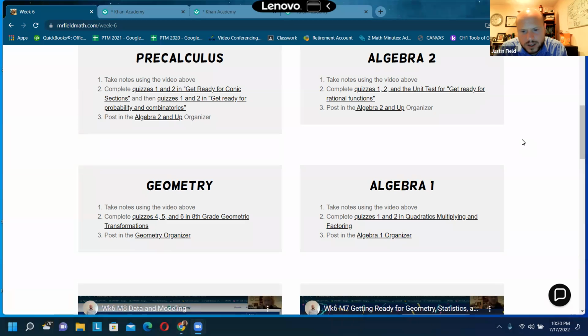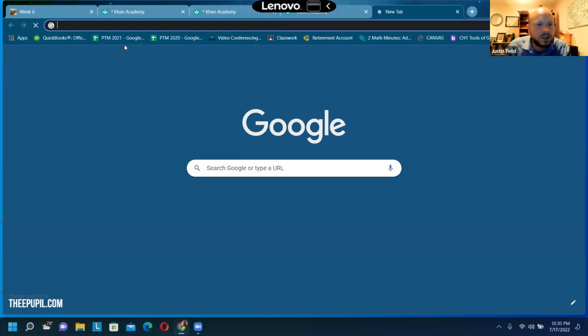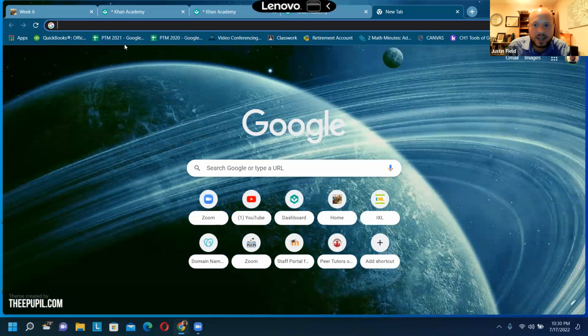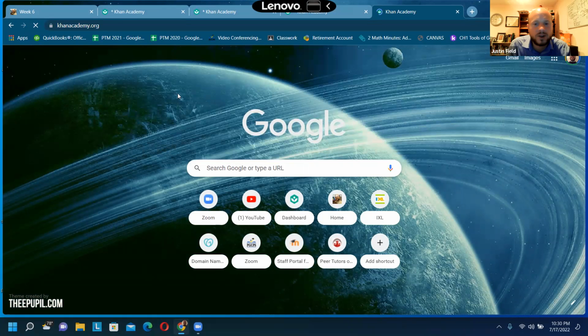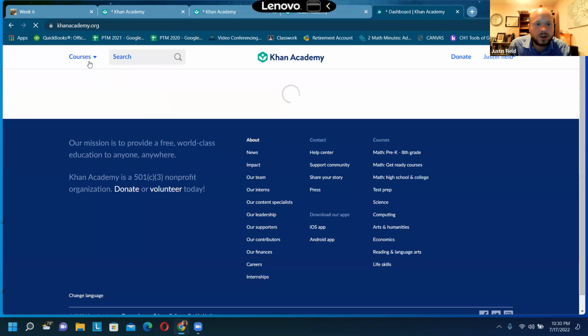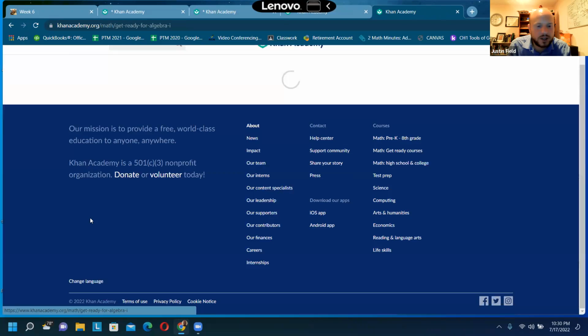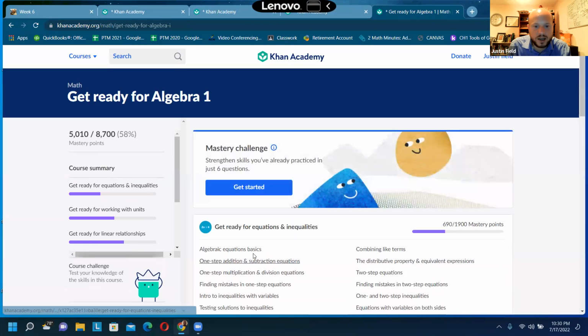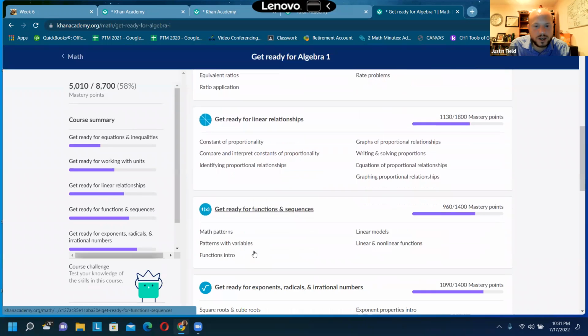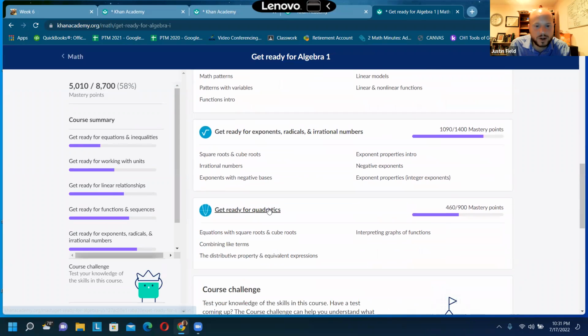Alrighty, quizzes. I'm thinking we got to the end of getting ready for Algebra 1, because this is week 6 of Algebra 1 and it looks like we are doing the first 2 quizzes in multiplying quadratics. So let's make sure we did equations, inequalities, units, linear relationships, functions, exponents.